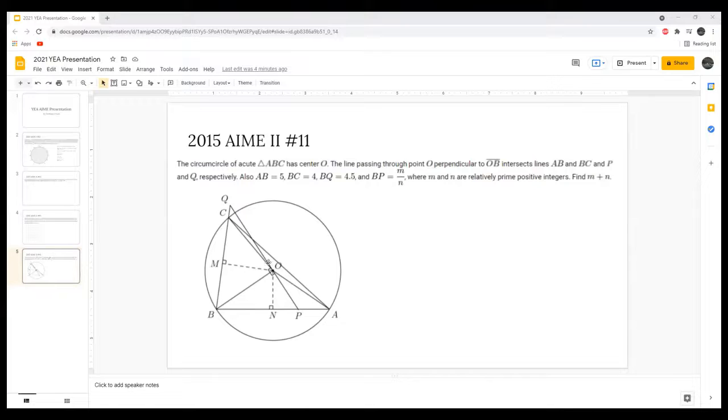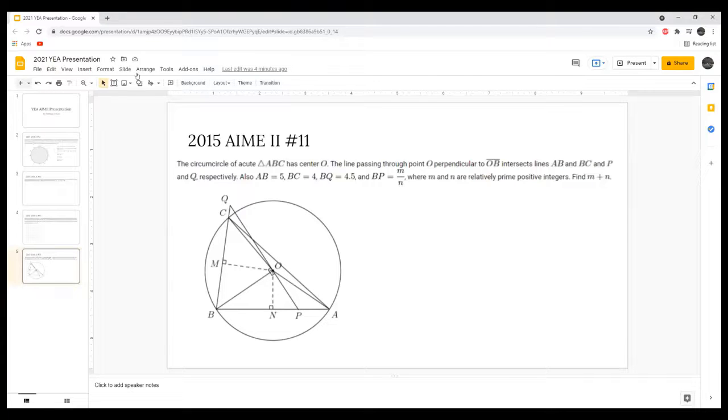Okay, so now we will find ON. We know that BN is half of BA, which is 5/2. So using the Pythagorean theorem on triangle BON with BO equals 3 and BN equals 5/2, we get ON here is equal to √11/2, because 3 is basically 6/2.